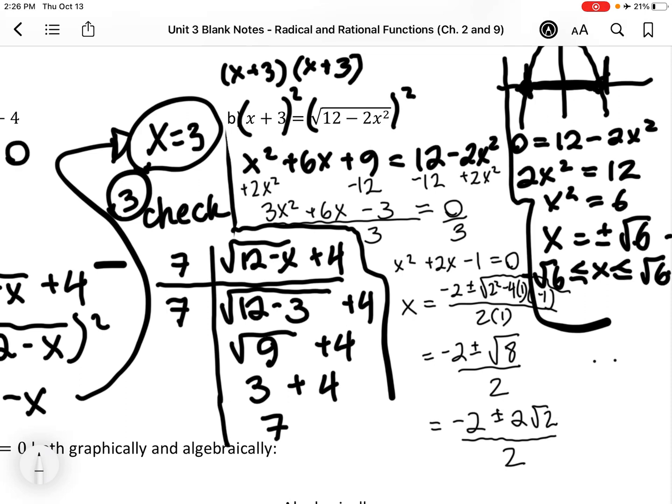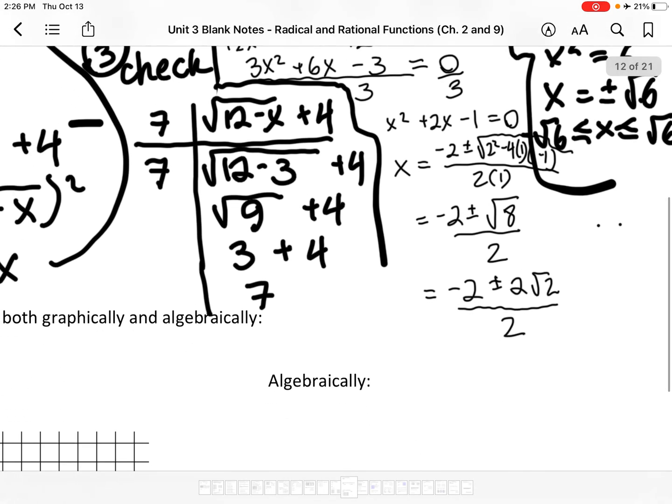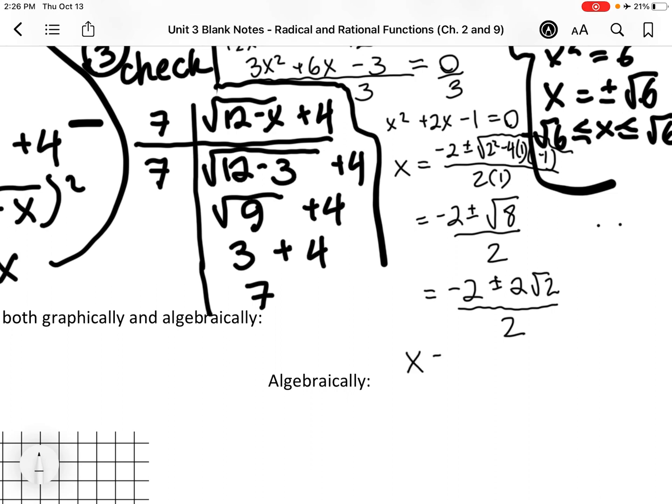The square root of 4 is 2. And this can be simplified even further because we can divide each term in the numerator by 2. And what we end up with is x equals negative 1 plus or minus root 2.